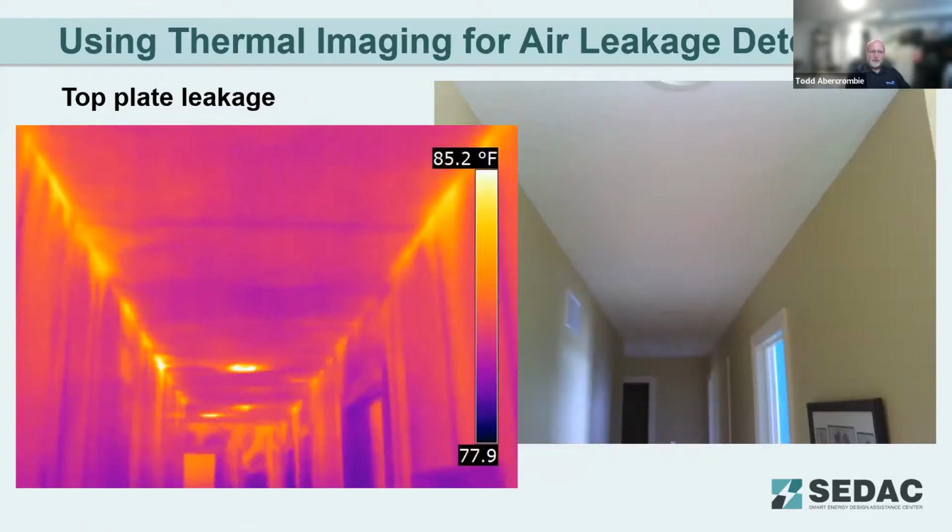Top plate leakage is a very common problem for houses, a very common leakage path. One stat that I heard, I think from the Department of Energy, was that of the air leaks between the house and the attic, as much as 20% of them is simply from top plate leakage. This image was taken in a hallway, so you've got conditioned rooms on both sides of the hallway.